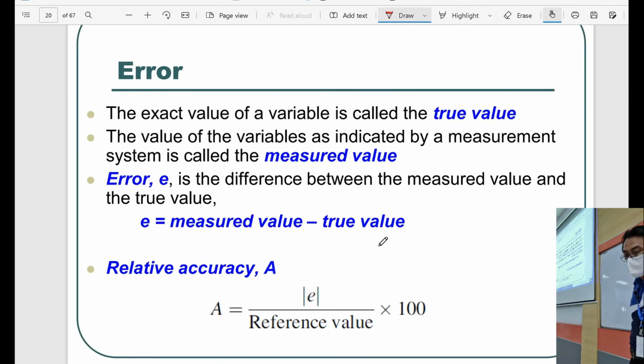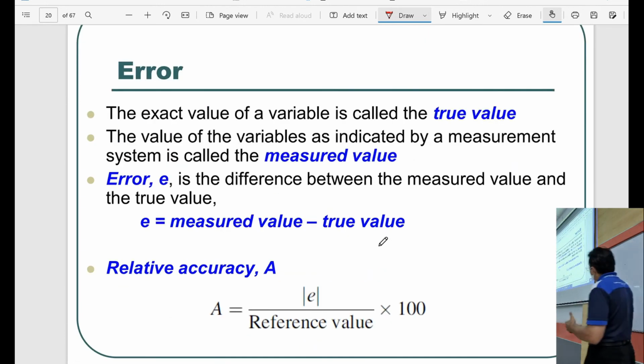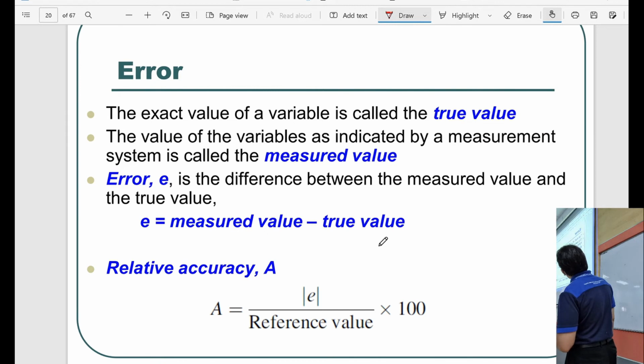Alright, so I'm going to go to the last part of the lecture today, which is the error. We have five important errors that you have to know. The most important refers to the error, which is the measured value minus the true value.